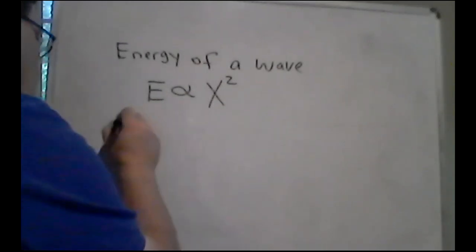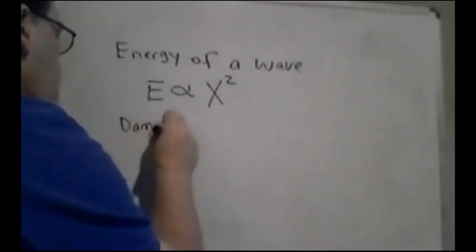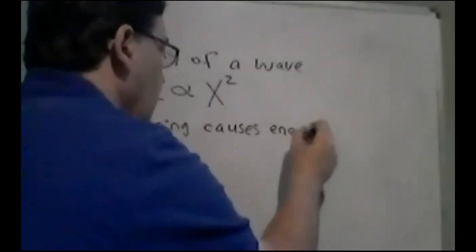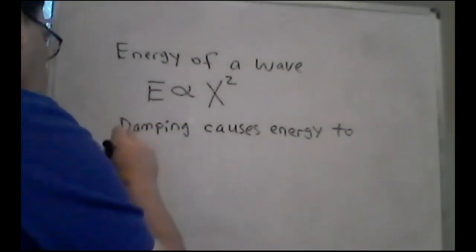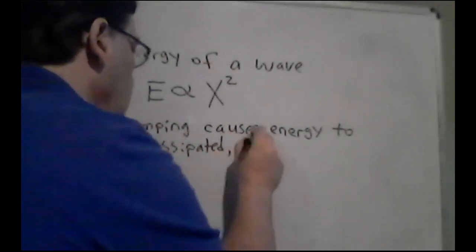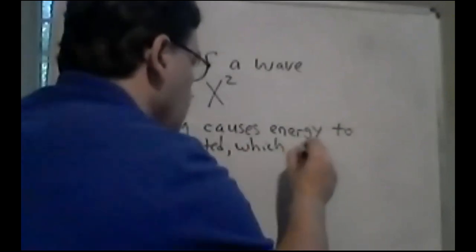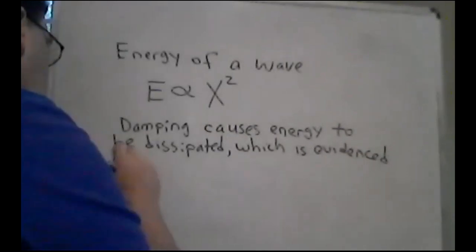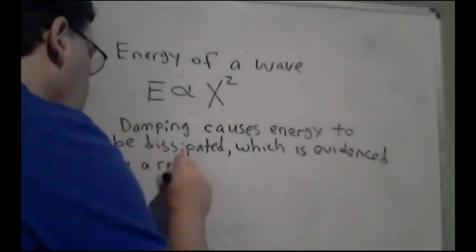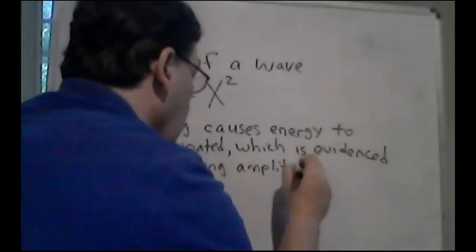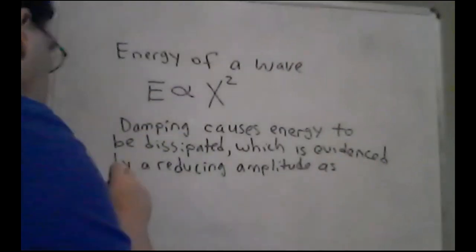So as energy leaves the wave, damping causes energy to be dissipated, which is evidenced by a reducing amplitude as the wave propagates.